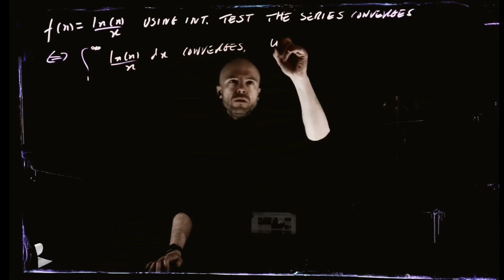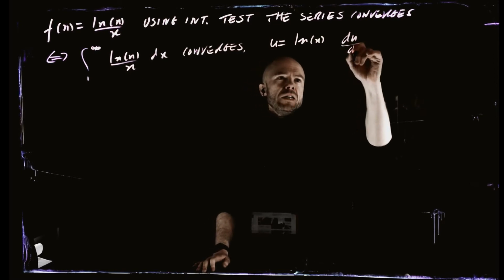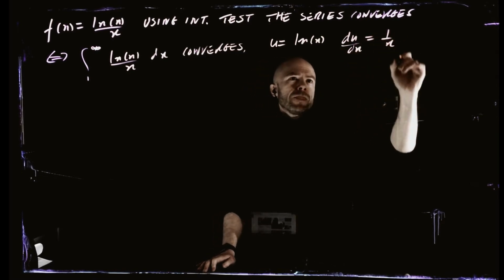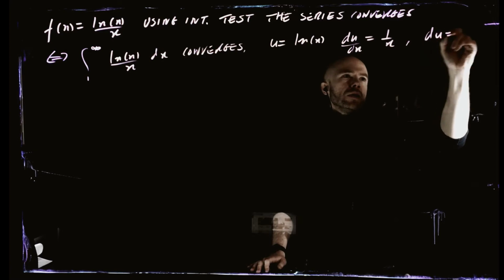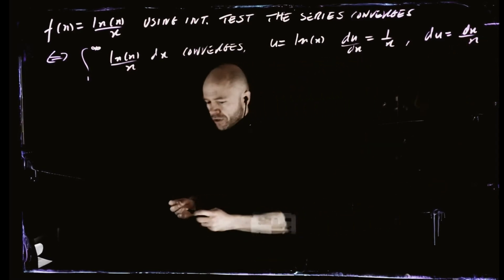Then we let u be log of x, du by dx equals 1 over x, so du equals dx over x, and then we just change this integral around.